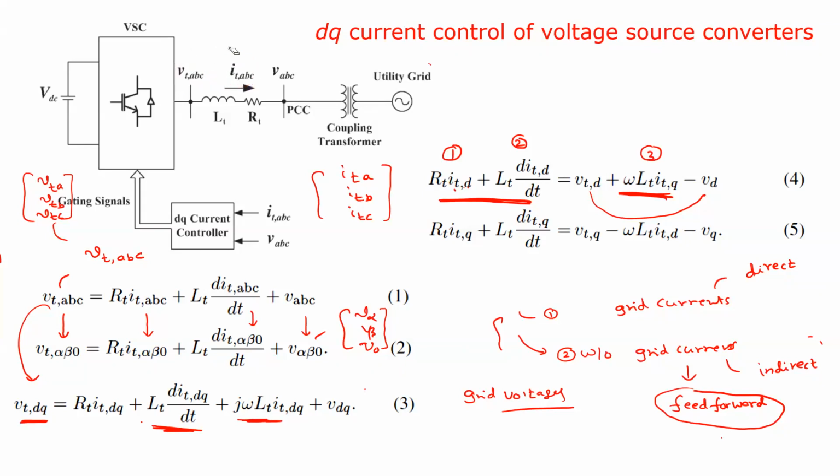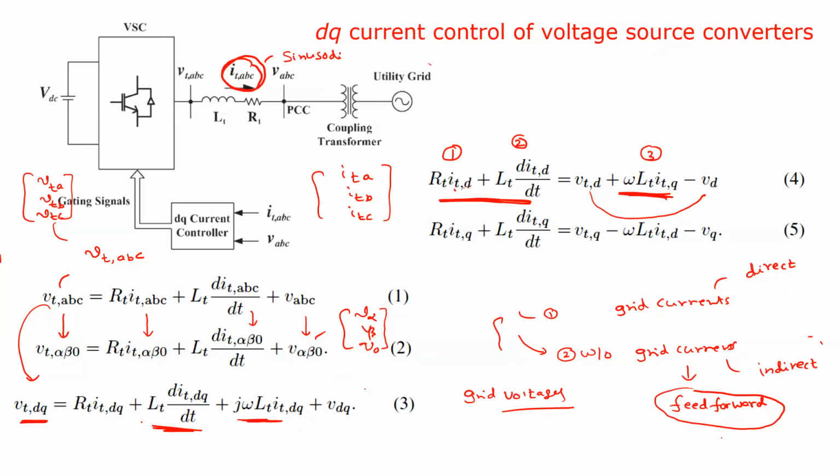So the inverter is drawing some currents, and this must be sinusoidal. The inverter current must be sinusoidal, so there are no harmonics in the inverter currents.